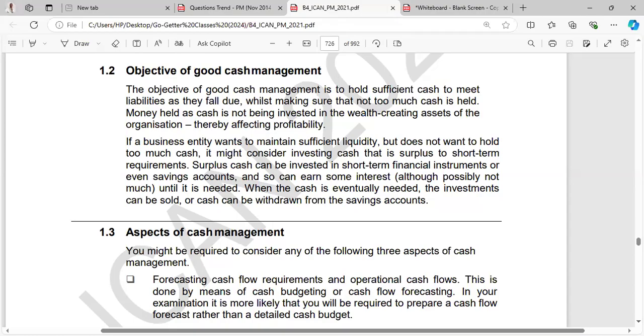Surplus cash can be invested in short-term financial instruments or even savings accounts, even some fixed deposits that are term deposits, such that you can earn some interest. All right? Aspects of cash management.